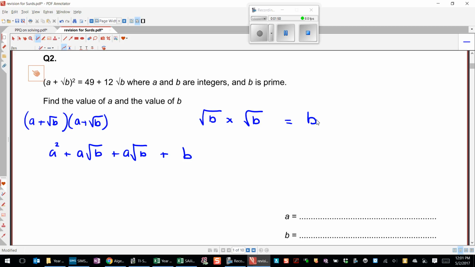All right. So let's simplify it a bit more. So we've got a squared plus what? 2a root b plus b.